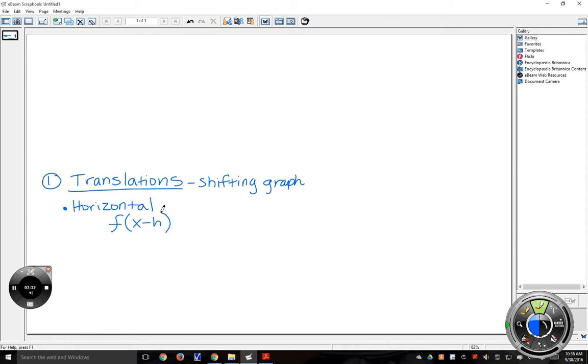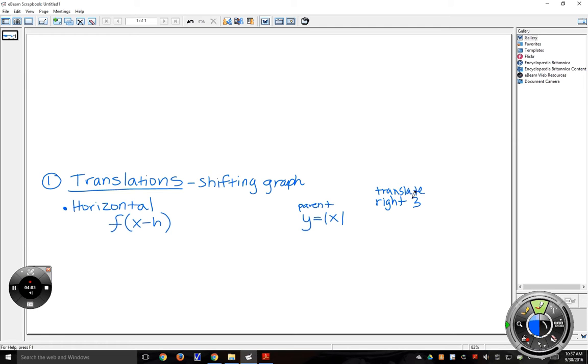So examples of this, if we have a parent that's like y equals the absolute value of x, and we wanted to shift it or translate it right 3 spaces, what do you think this new equation would look like?